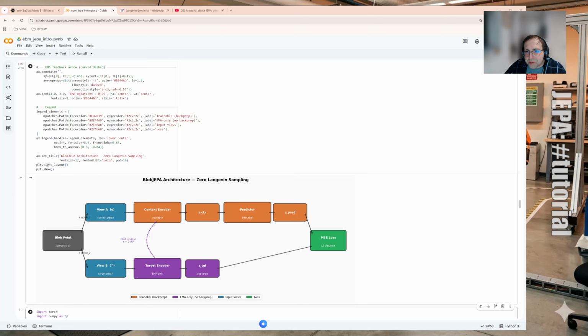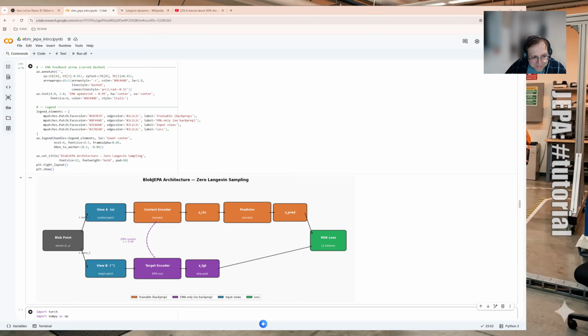And these dashed curved arrows show the EMA, exponential moving average, update. So the target weights slowly track the context weights, but never receive a backprop gradient, right? So this is stopped, which is very important.